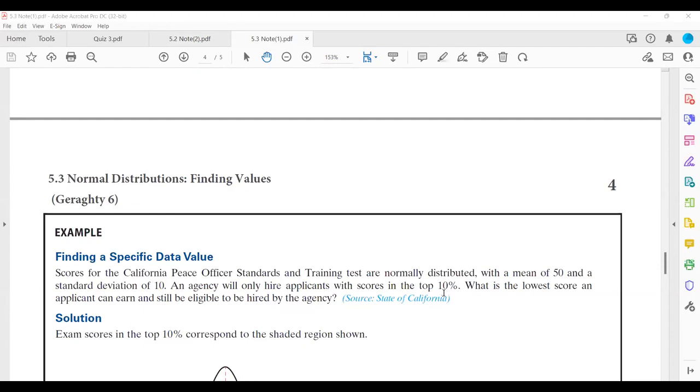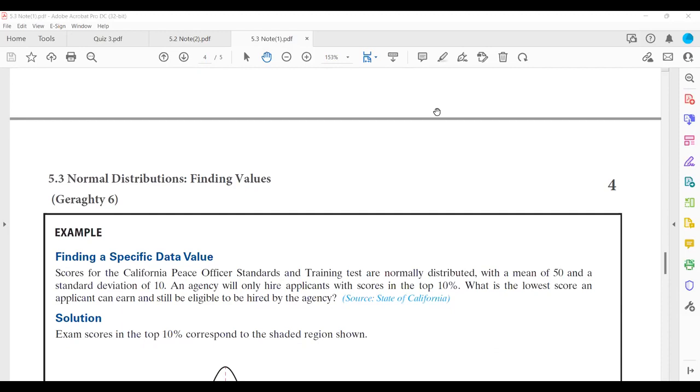Well, what is the lowest score that an applicant can earn and still be eligible to be hired by that agency? So we want to know what is the x value, right? What do we have? We have the mean, we have the standard deviation, and we want to know what is that x value.